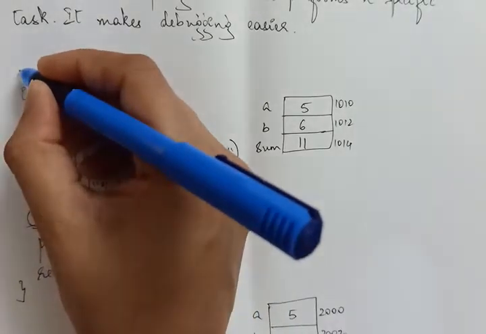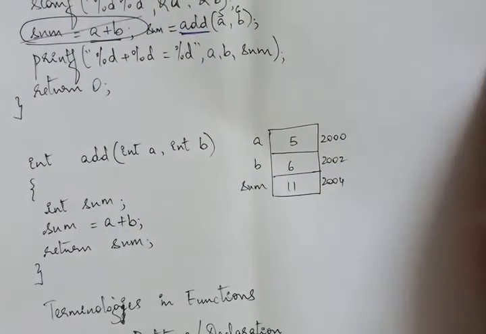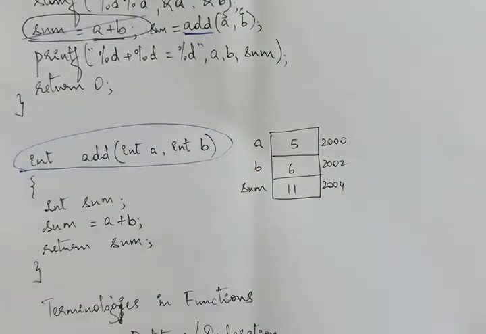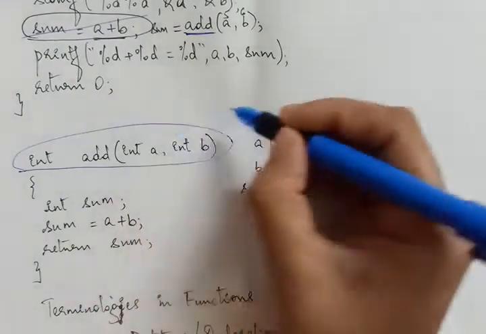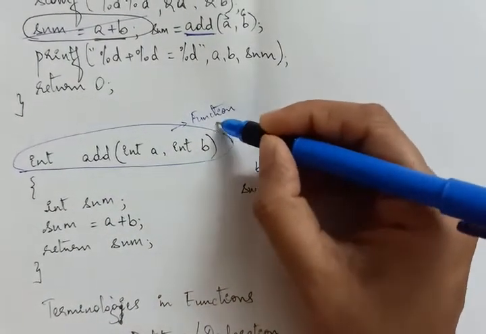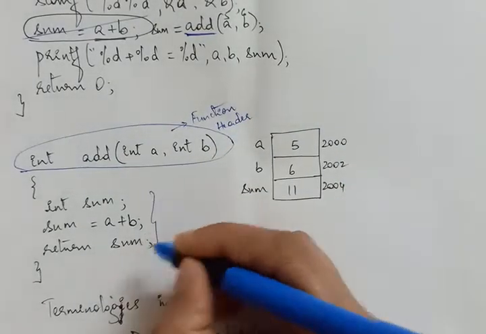It's nothing but the header. The header is the first line of the function definition. So this is called the function header. See, these terminologies are very important. Then only you can understand, because they are interlinked.